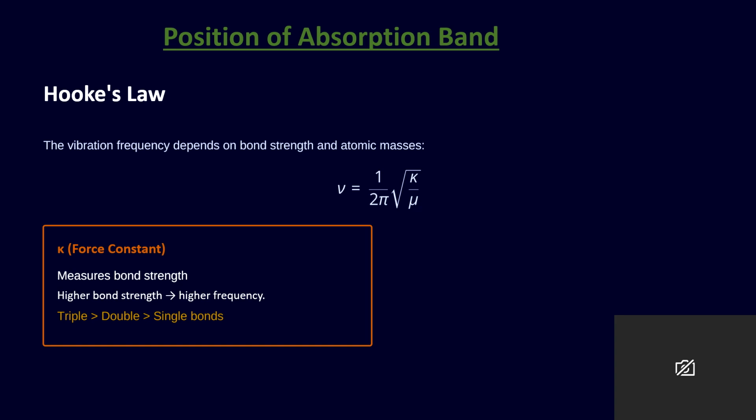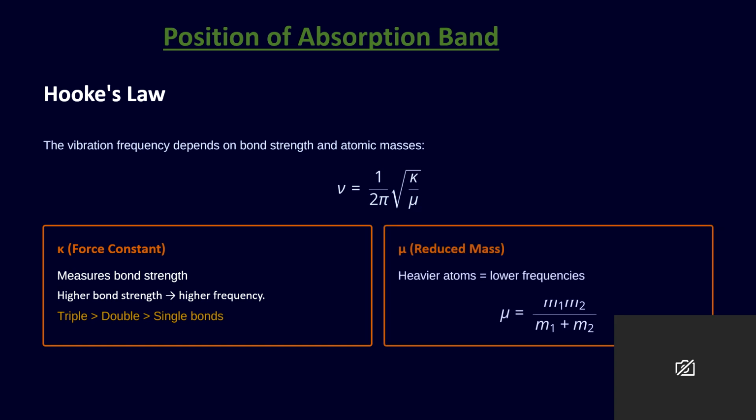That means if the bond strength is higher, then the frequency will be higher. Like the triple bond is of higher frequency than the double bond, and it is of higher frequency than the single bond. Whereas mu is the reduced mass, which means that higher atomic mass molecules absorb at lower frequencies.